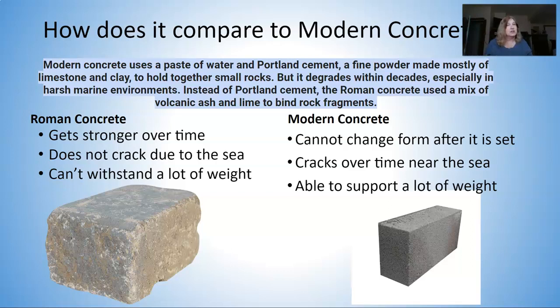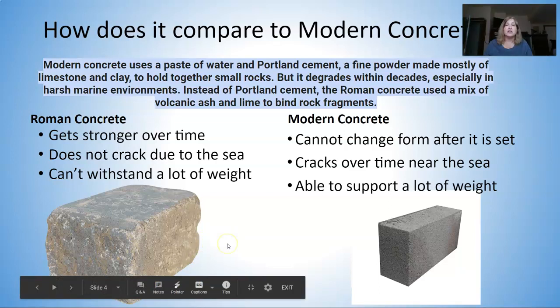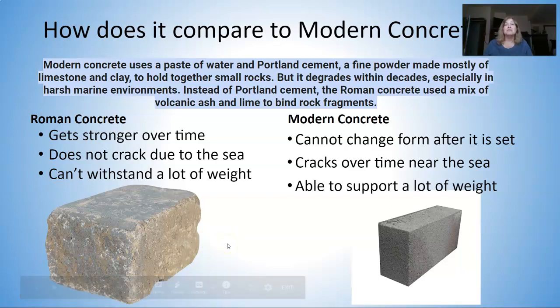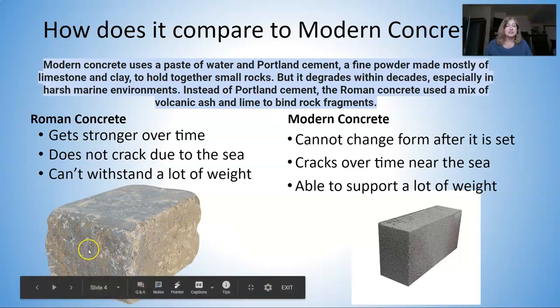If you were to make roads out of concrete, which wasn't a very common material for roads. But modern concrete can support a lot of weight, but it does crack pretty easily. So there are two differences between ancient concrete and modern concrete. And just recently is where we've learned how to make the ancient versions of concrete.